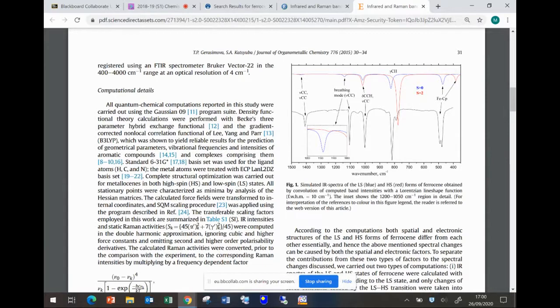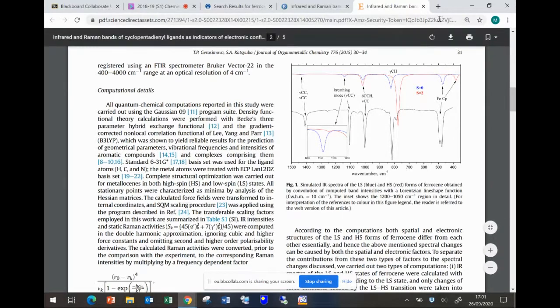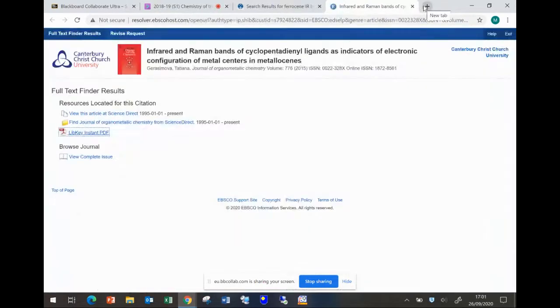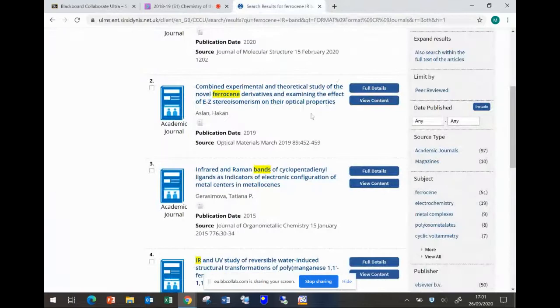It's giving me specific ideas of what the different bands might correspond to, at least in the spectrum of my reagent, and they're giving me an idea of how they present the data. So this is another paper that I would think, oh yes, this is definitely going to be useful to discuss my results.